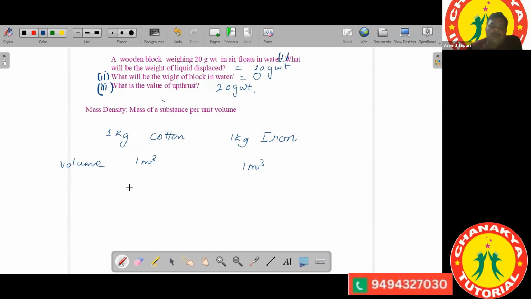And when we say 1 meter cube, it means a volume equivalent to a cube of side 1 meter.